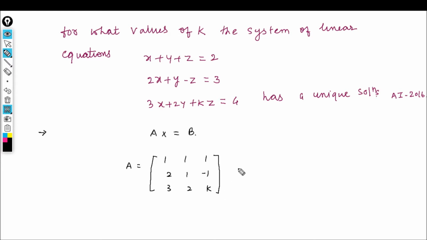ठीक है. X is the matrix of variables and B is the matrix of constants, 2, 3, 4.